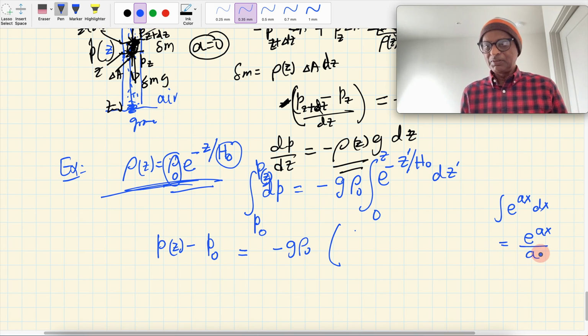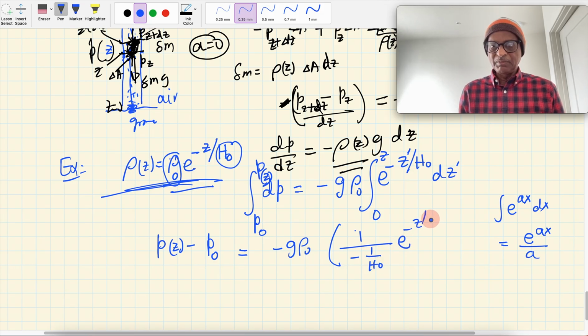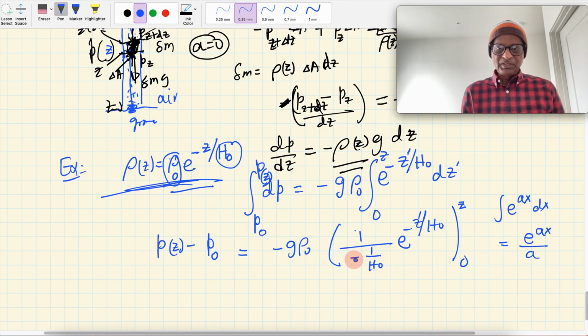You can take a derivative of this and get that. So it's going to be 1 over minus 1 over h0, with minus z prime over h0, and this minus becomes plus.